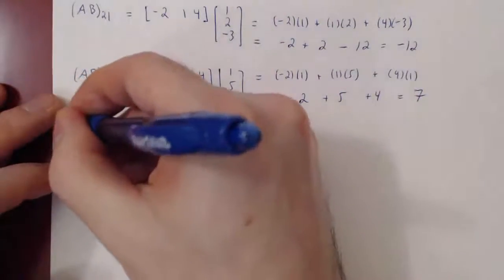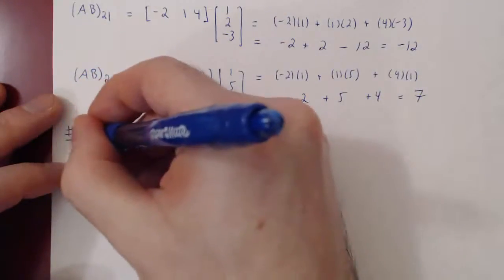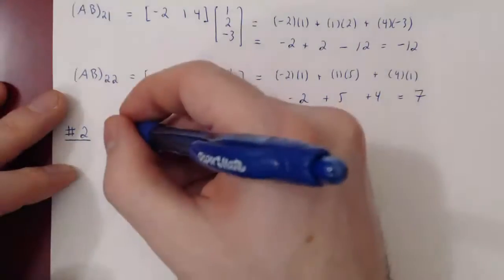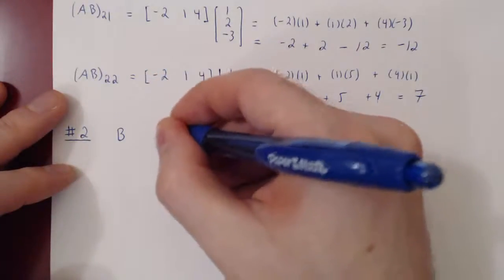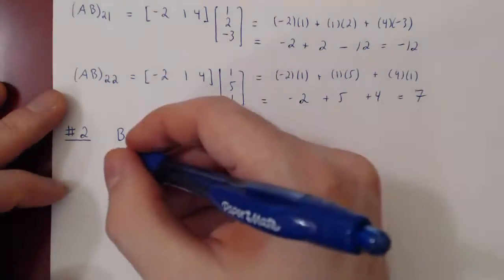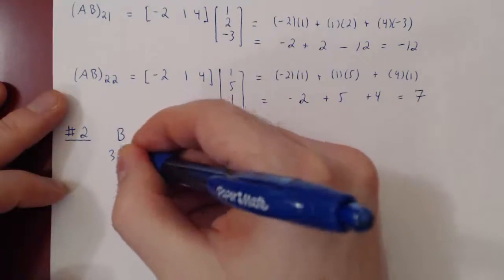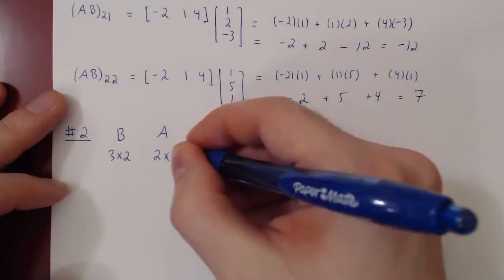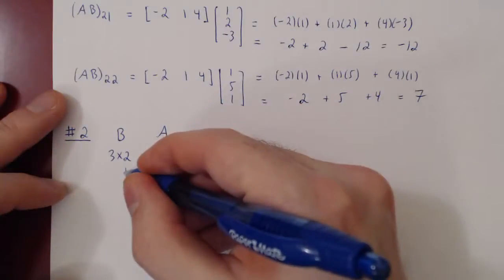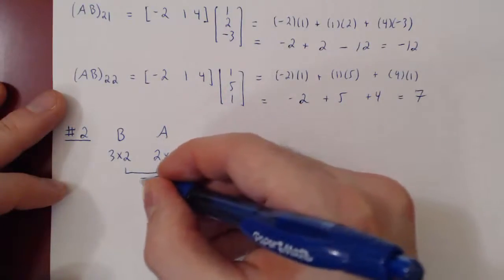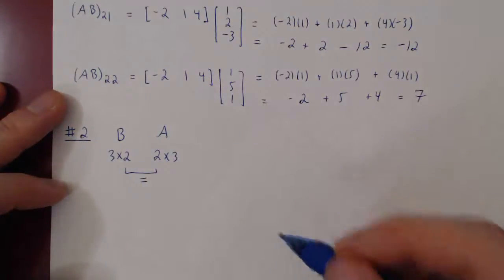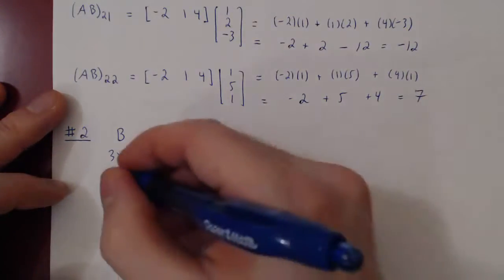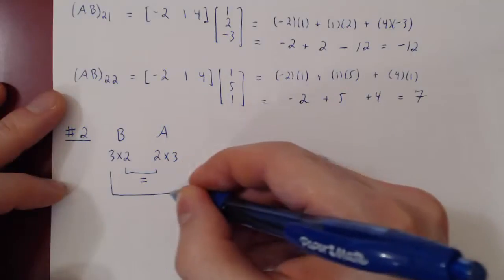Can we compute it? Well, B is a 3 by 2 matrix, and A is a 2 by 3 matrix. So 2 equals 2. So indeed, we can compute B times A, and the new matrix will be a 3 by 3 matrix.